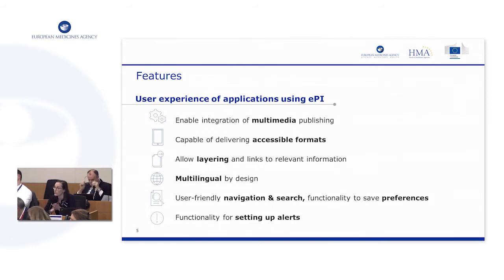The project is about expanding access and improving access to the product information. The EPI, we can see, would allow links to other relevant information, such as educational materials, and also layering, so that the patient could access lay summaries, but also could go deeper and look at more scientific information should they so wish, such as perhaps clinical trial results or assessment reports or so on.